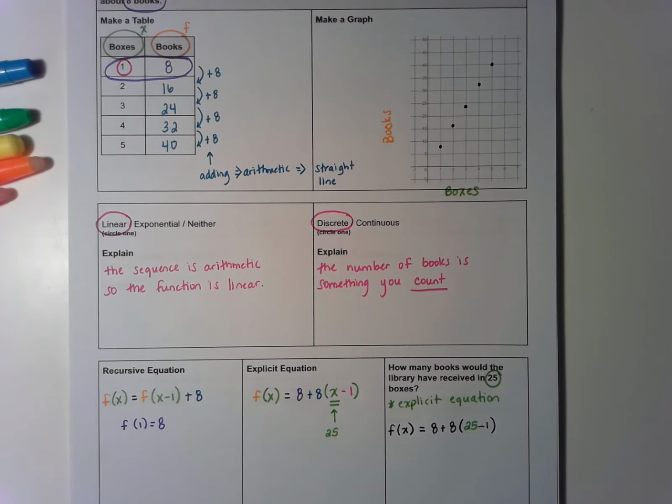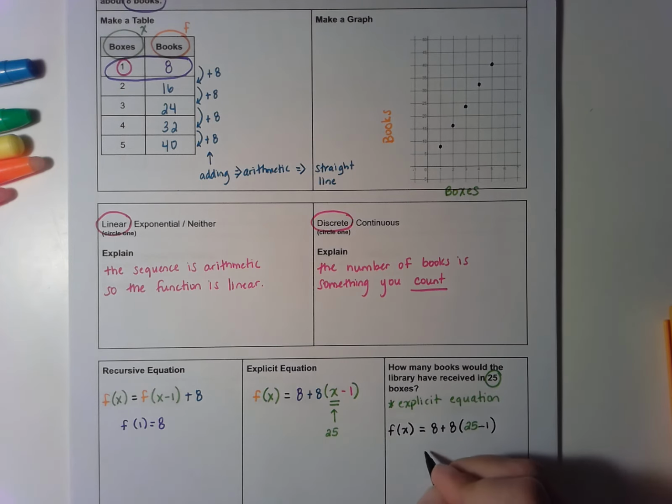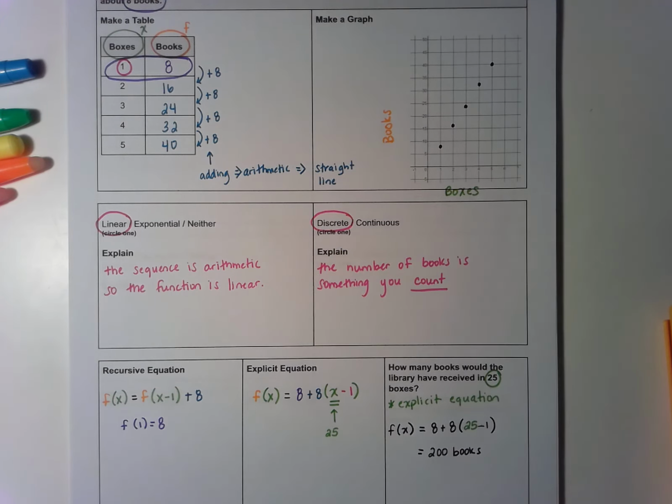I think the online Desmos calculator is super convenient for something like this. There's also a built-in calculator on your Chromebook. I'm going to use my handy dandy calculator here. And when I calculate that, I get 200. So the number of books after 25 boxes would be 200 books. I'm just typing that in on my calculator to get that number.